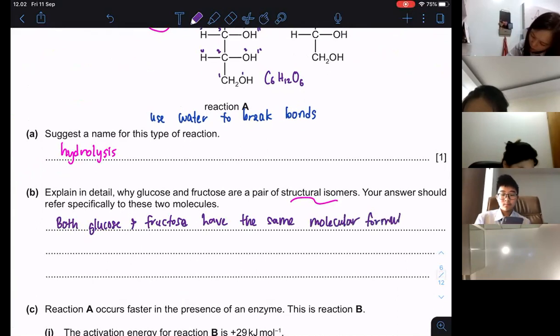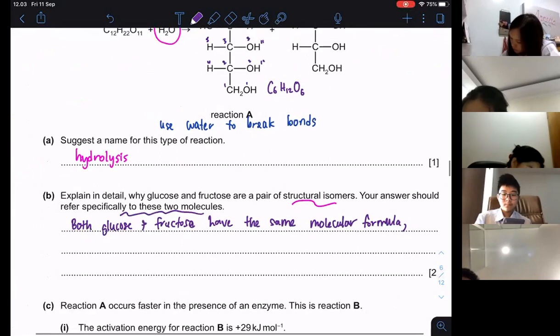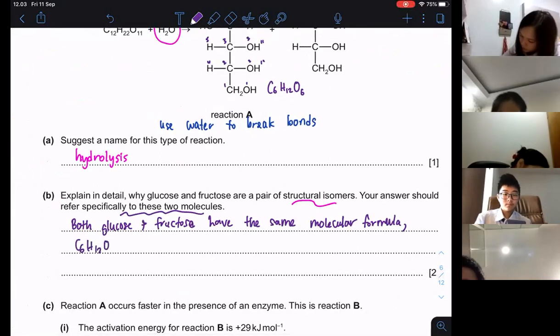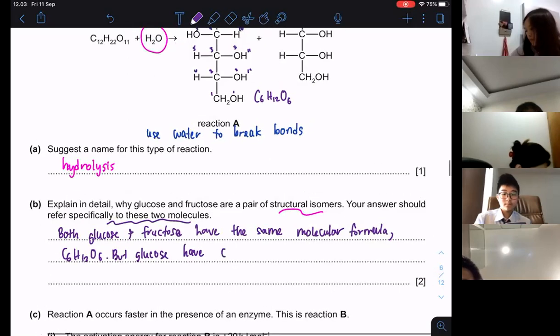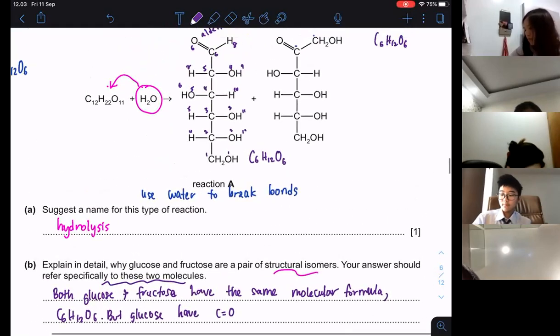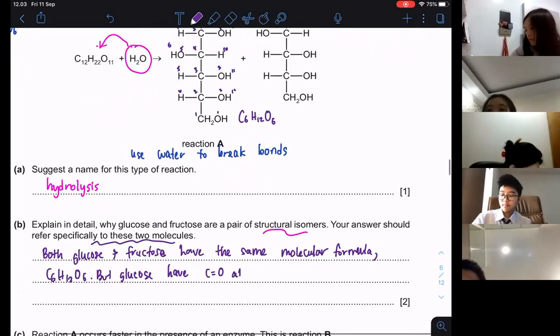Make sure you mention this. If you don't mention it, you will lose marks specifically here. So C6H12O6. But glucose has a carbonyl group, or C double bond O, at the first carbon.